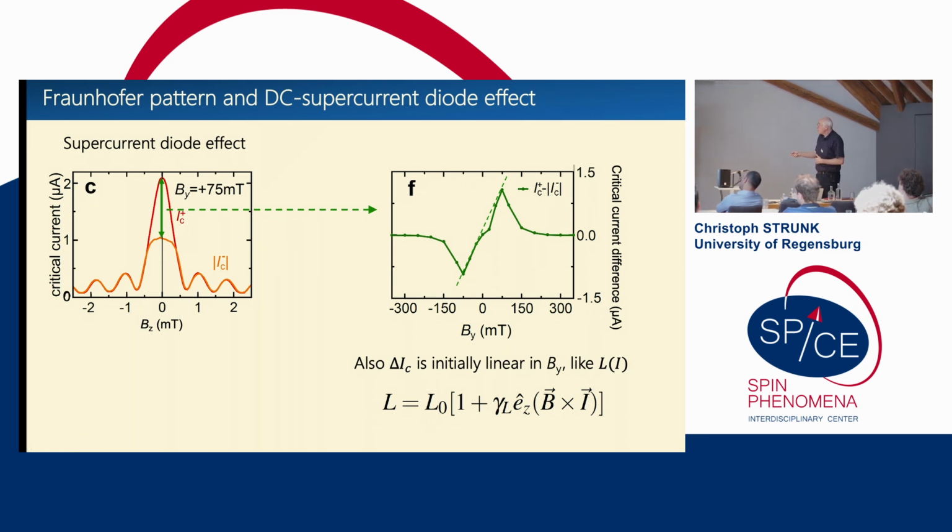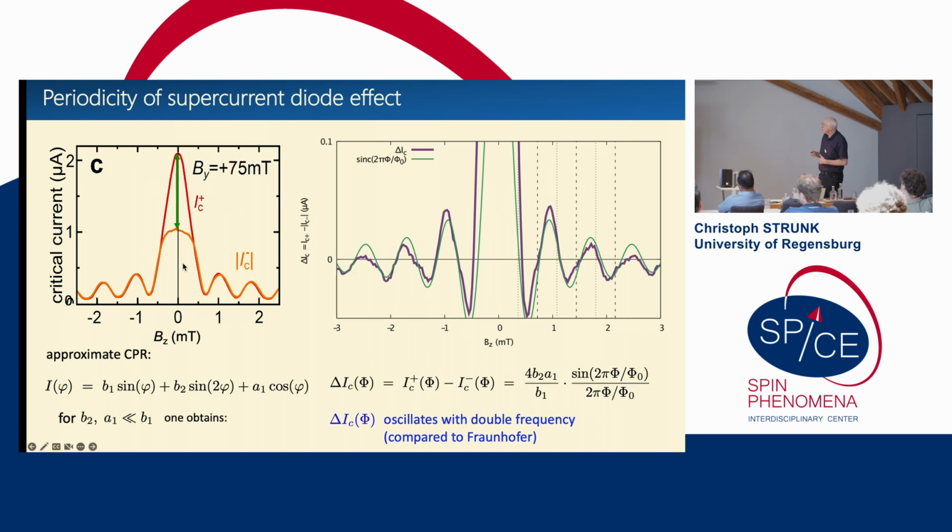Now let me plot the difference of the two curves and blow up the scale by a factor of 10. Then you see that there are oscillations. As a function of the out-of-plane field, BZ, the effect oscillates. We are able to understand that with a minimum current phase relation that has this sine phi component. If you search for the maximum of this, you find that the difference of the two critical currents oscillates with twice the frequency of the usual critical current.